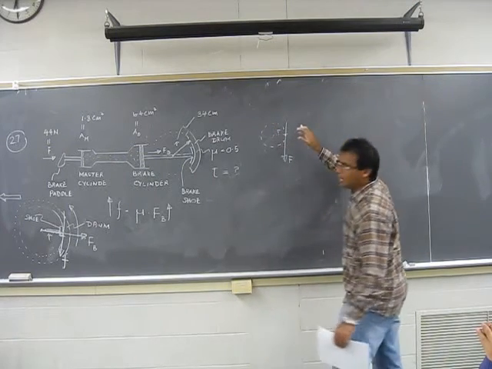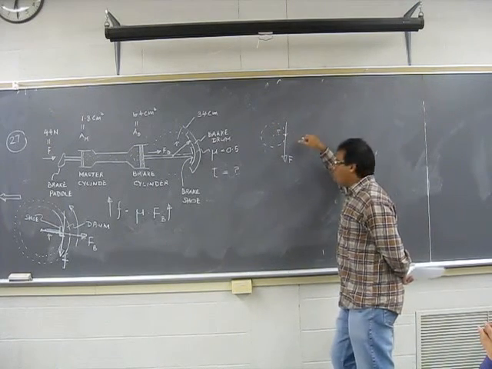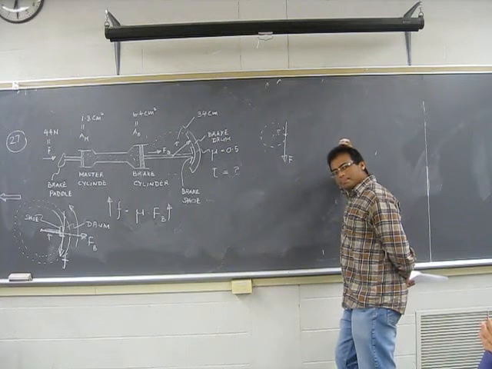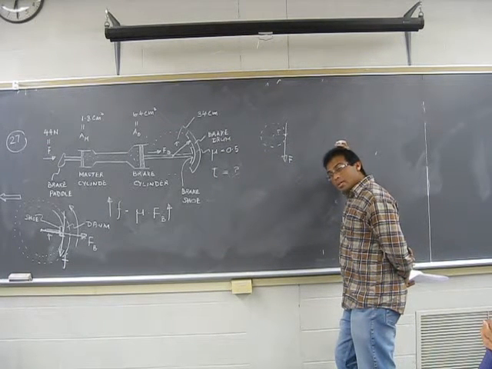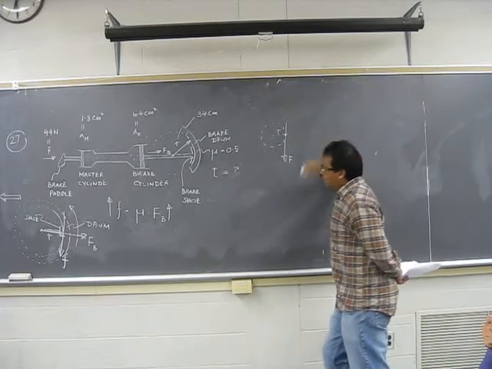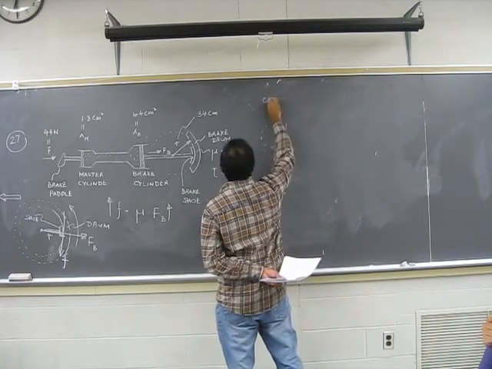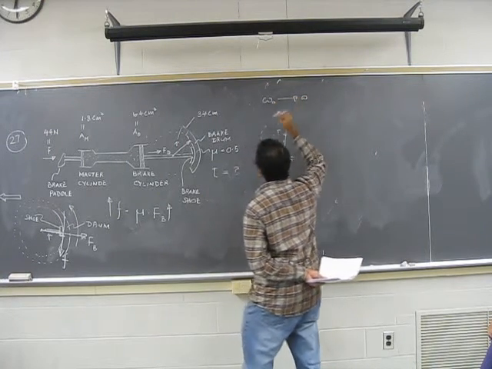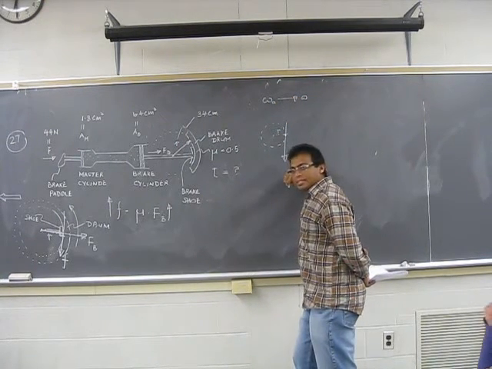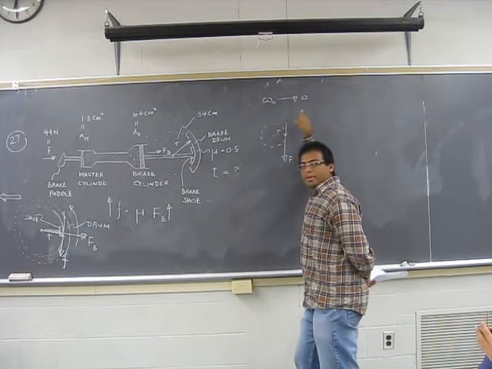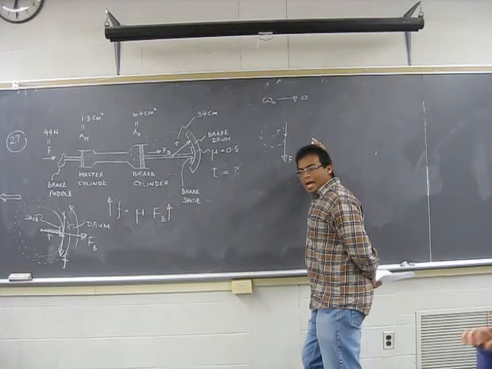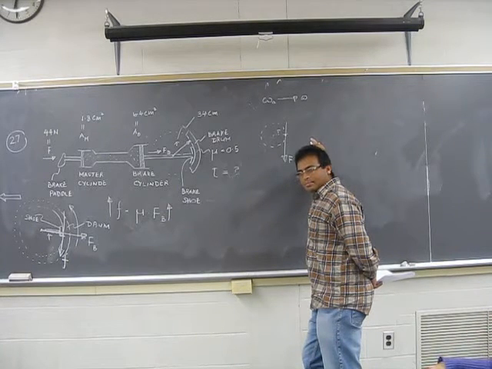So when you apply the force, what will happen to the rotation of the wheel? It will slow down. So in other words, what happens to omega? Omega naught to omega, what happens? It decreases. So in order to decrease omega, what do we need? We need an angular acceleration.